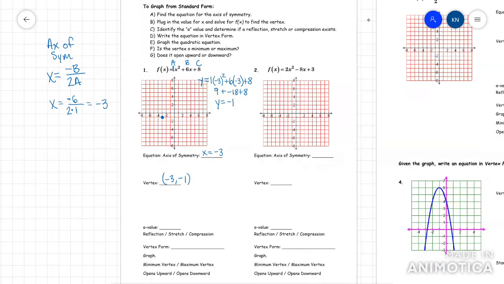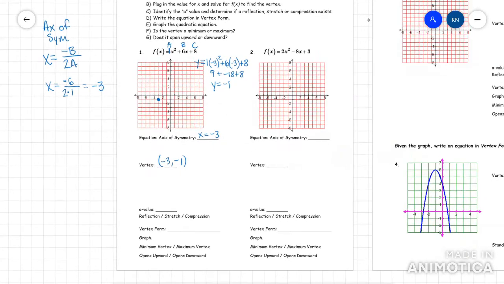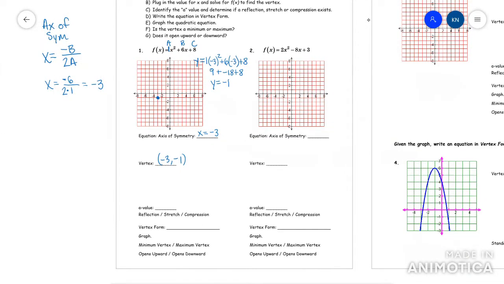Now, all you have to do really is kind of like what we did in the previous video. You could write your equation like this. Set up your equation where it kind of formats for the vertex.